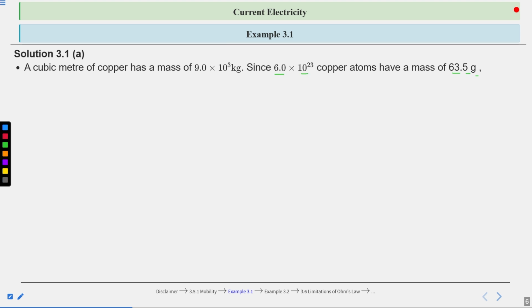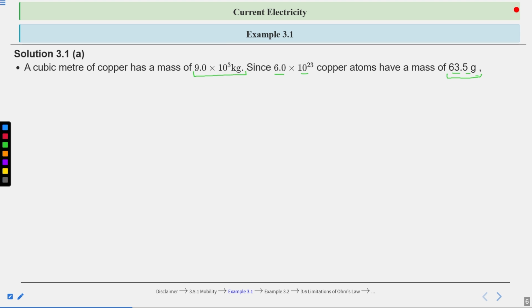That is Avogadro number. Means atomic mass, if we are taking it in gram, is the molar mass, 63.5 gram, so it has Avogadro number of copper atoms. So how many copper atoms will be there in 9 into 10 to the power 3 kg of copper?